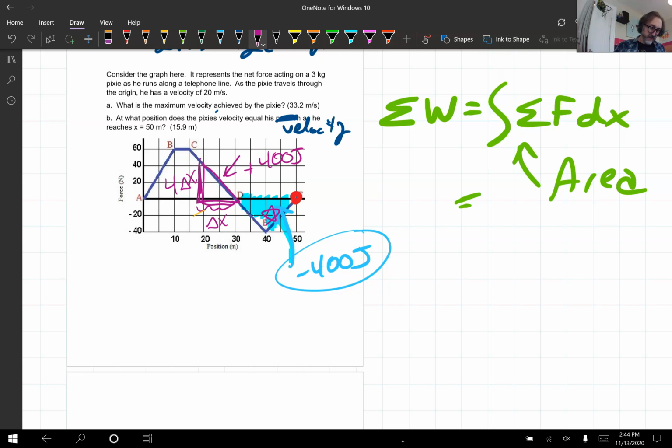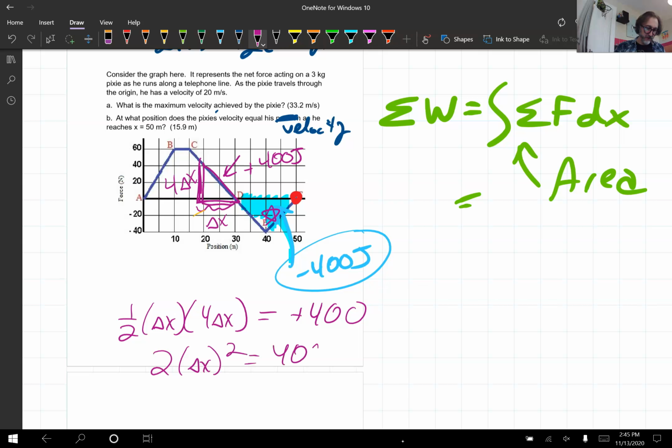So, I guess the question then is, that's a triangle, so it's 1/2 base times height, and we want that to equal positive 400. So this is 2 delta x squared is 400. Solve this, and your delta x ends up being a number that I've written on this piece of paper over here, 14.1 meters.